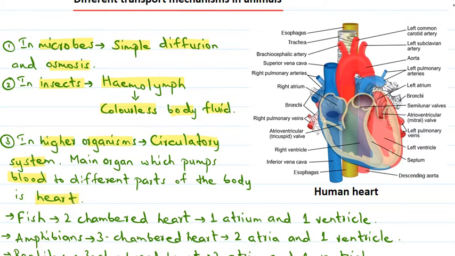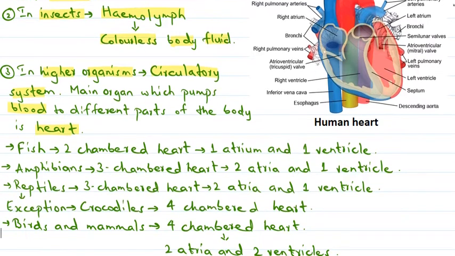Then we saw that fishes have two-chambered heart consisting of one atrium and one ventricle, whereas amphibians have three-chambered heart which consists of two atria and one ventricle.